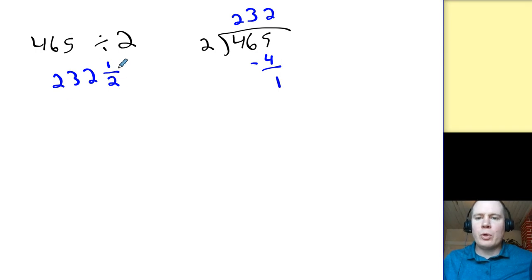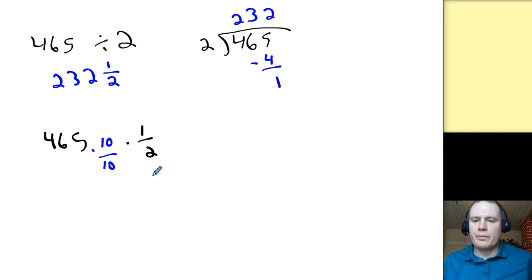But if I don't want a mixed number, if I want to think about this just in terms of the decimal system, there's no halves place on the decimal system. 2 is not a power of 10. So what I can do is take that 465 and multiply it by 10 tenths.